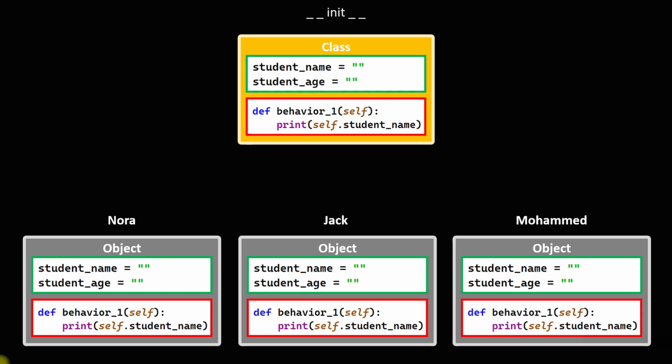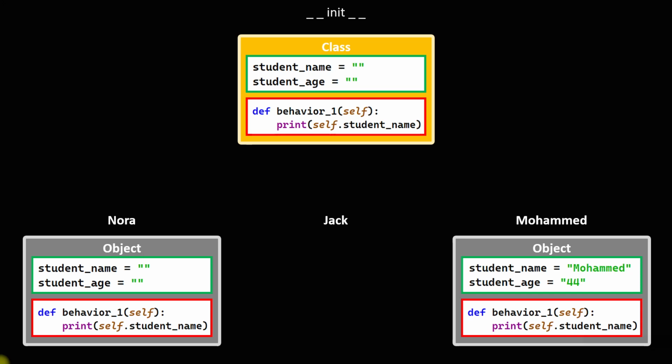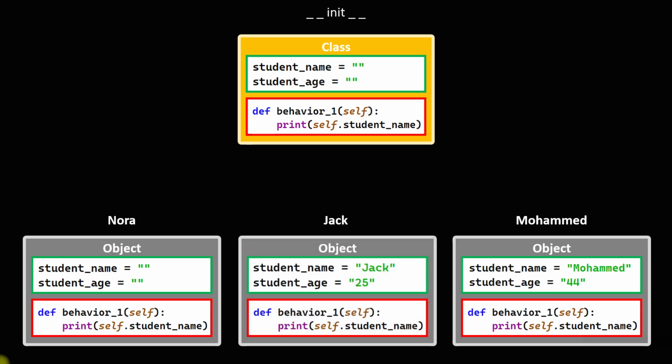And this time we will initialize this object. Now we have added the student name, and it contains Muhammad, and student age, and it contains 44. What about the second object? The second object is representing Jack, and this time we have to initialize this object to be representing Jack and to be ready to use.